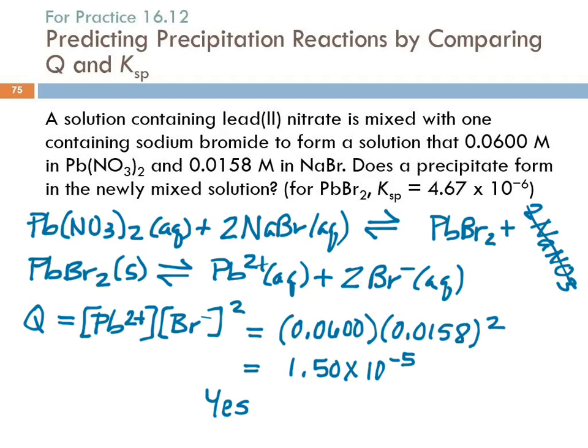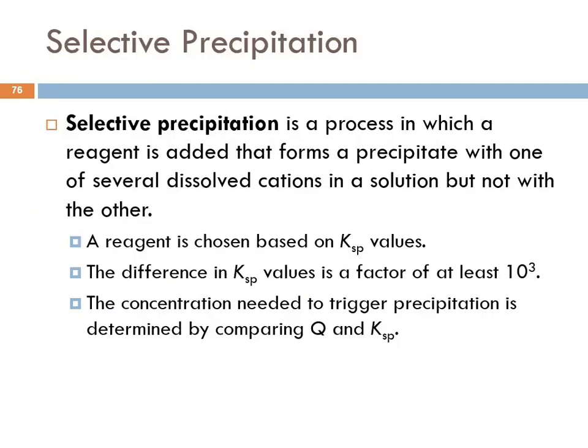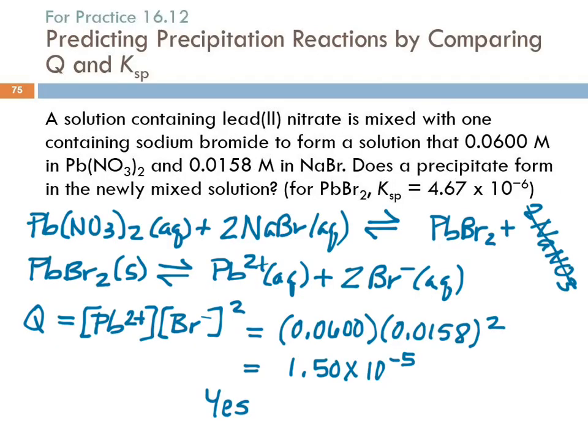No questions. That's fine. Oh, yes? Can you just repeat what you were saying about the NaBr? Okay, so here, sodium bromide, we get 1 mole of bromide ion for every 1 mole of compound that dissolves.